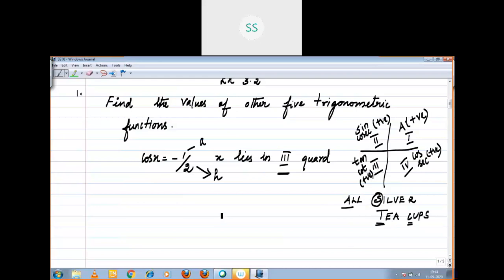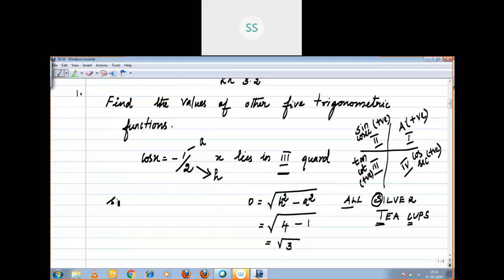Using Pythagoras, you find the opposite: opposite equals square root of hypotenuse square minus adjacent square, which is square root of 4 minus 1, equal to square root of 3. Right? Opposite is square root of 3.